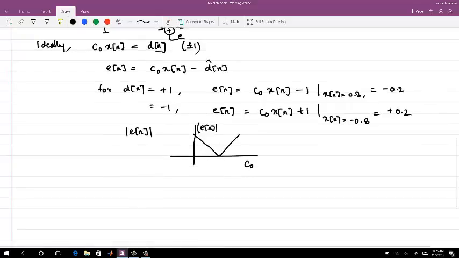The other thing, which is more commonly used, is to look at the error square, which for the positive or the negative side of the bit will give you the same value. Error square is C naught xn minus d hat of n, whole square. This is to look at both the positive and the negative bits.